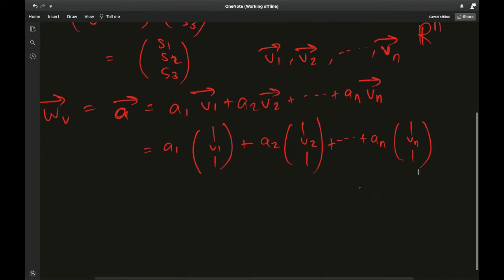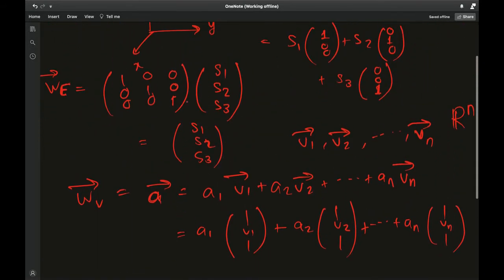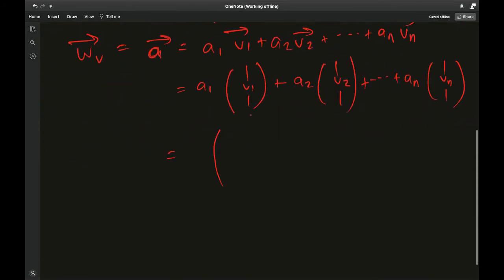And again, as I did for this example, I can do the same, except I'll have a matrix with v1, v2, till vn on the columns, multiplied with a1, a2, till an.